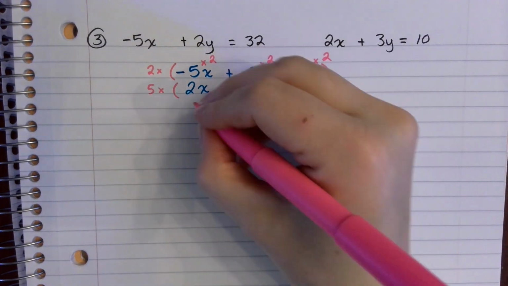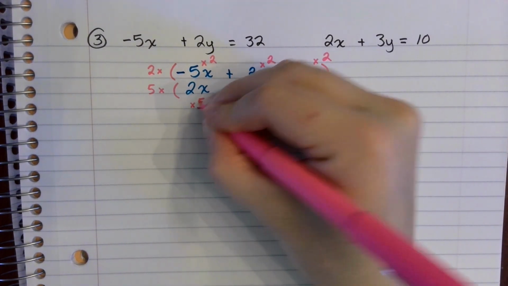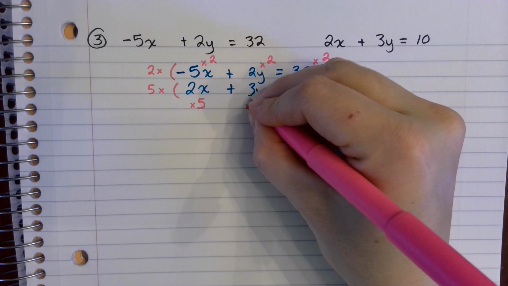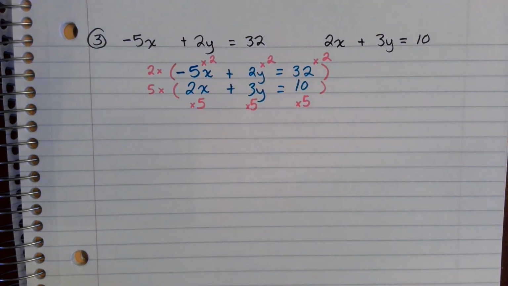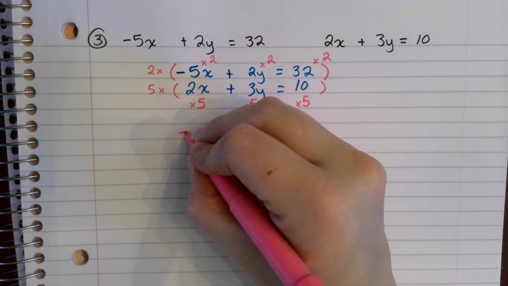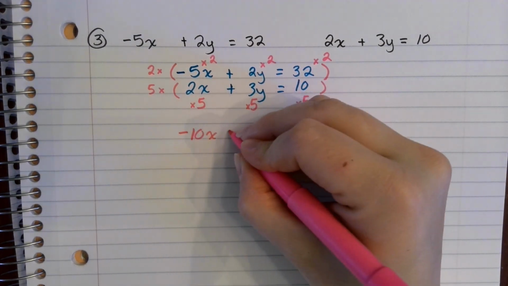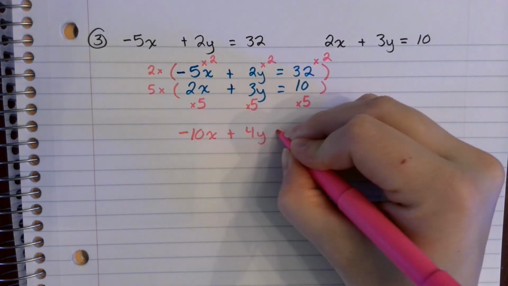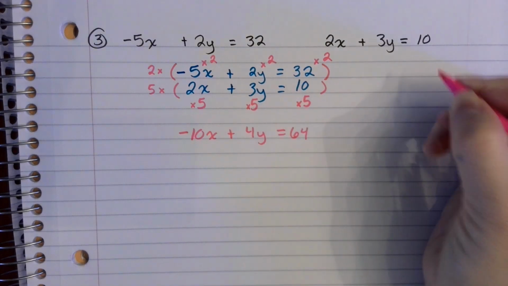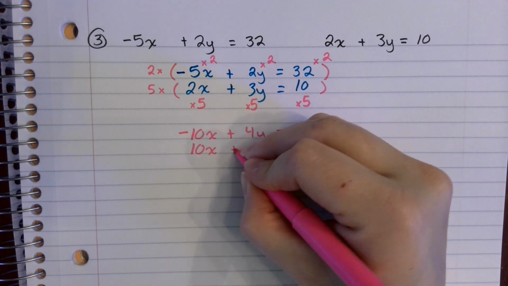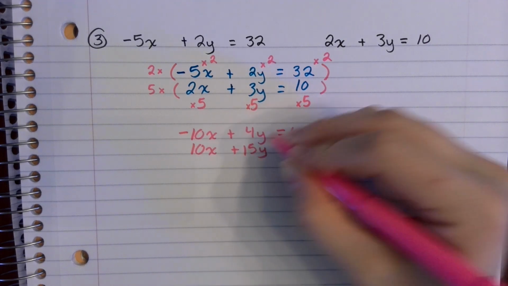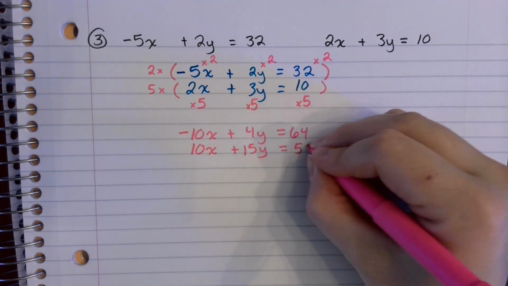On my bottom expression, the 2x is going to get multiplied by 5, the 3y is going to get multiplied by 5, and the 10 is going to get multiplied by 5. Okay, so my new expressions are going to become negative 10x plus 4y is equal to 64. My bottom expression becomes a positive 10x plus 15y, and that's equal to 50.